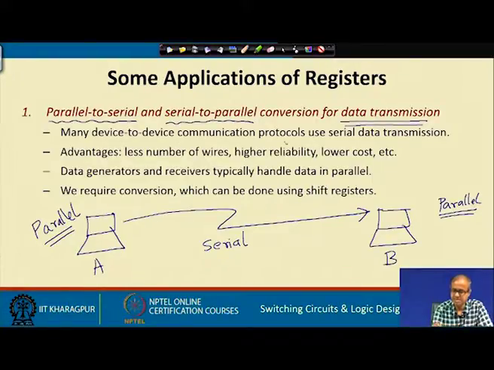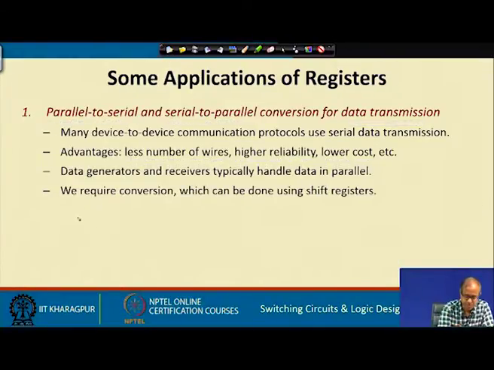Many such communications require serial communication. Advantages are fewer wires, and because there are fewer wires, the chances of loose connections and other faults are less. It will lead to higher reliability and, of course, lower cost. This data conversion, parallel to serial and serial to parallel, can be very conveniently done using shift registers. How? Let us look at it.